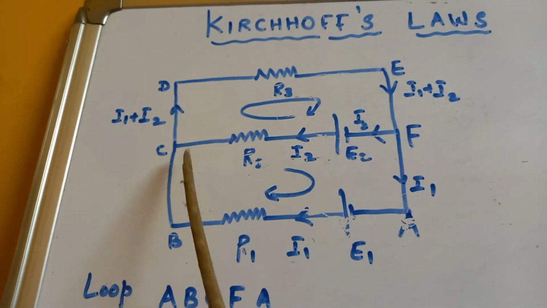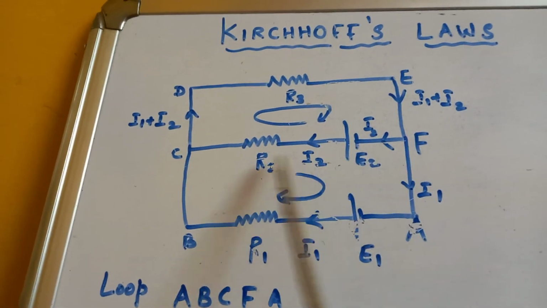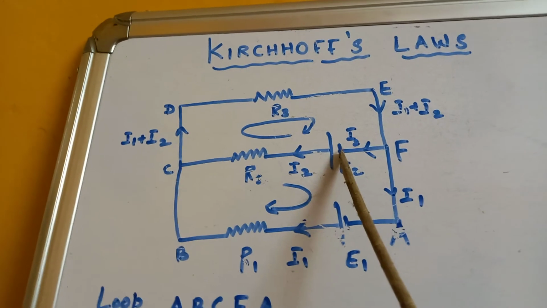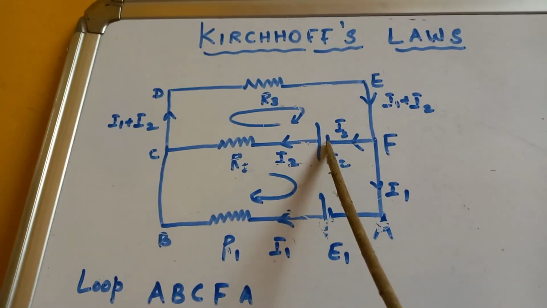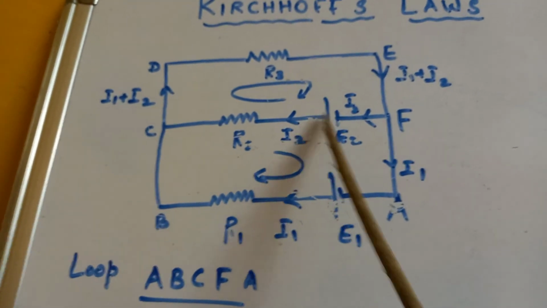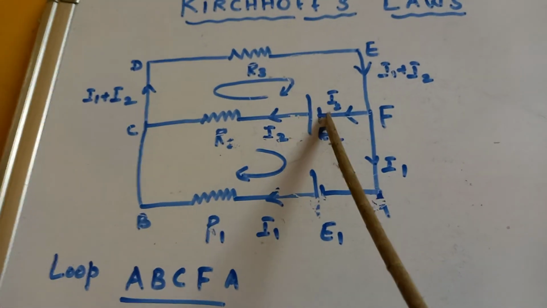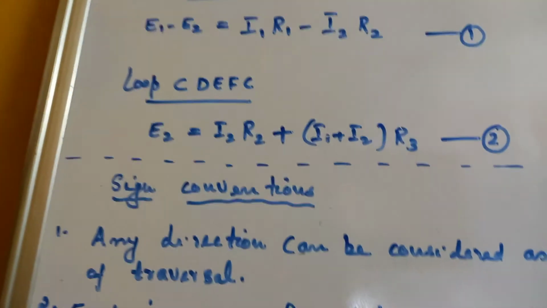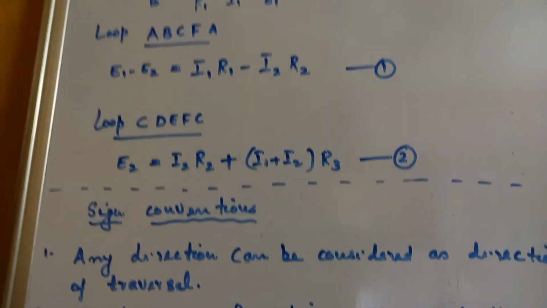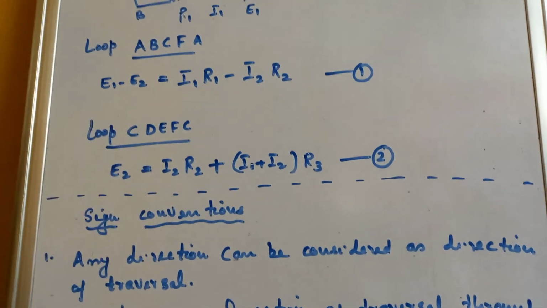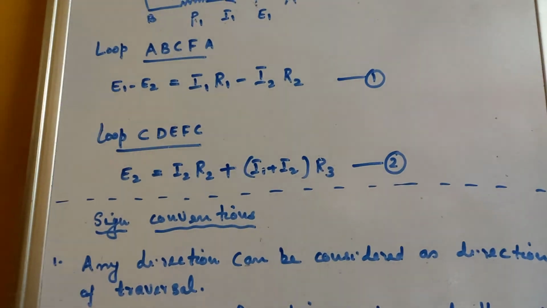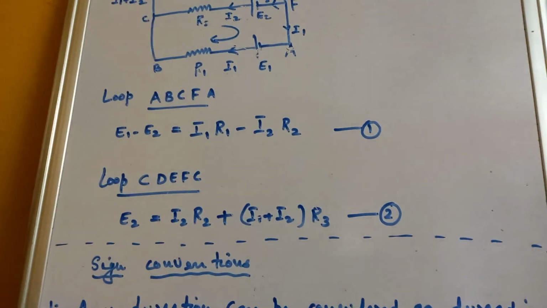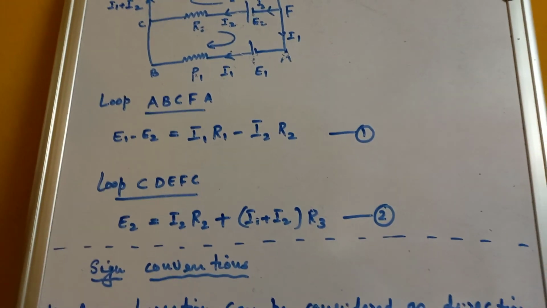In the direction of traversal C, D, E, F, C, which terminal is coming first? The negative terminal is coming first, so negative to positive through the electrolyte. So the cell EMF E2 will be positive. So E2 is equal to I2 R2 plus (I1 plus I2) into R3. Two equations you got. You have two unknowns, I1 and I2, and two equations. You can solve it.